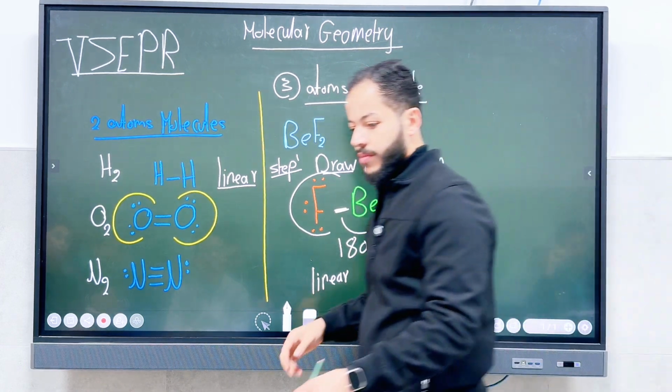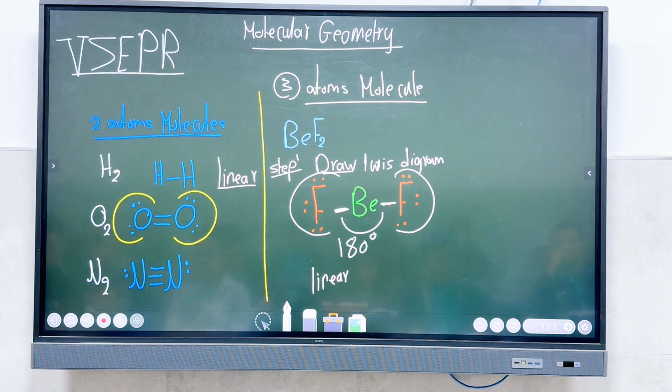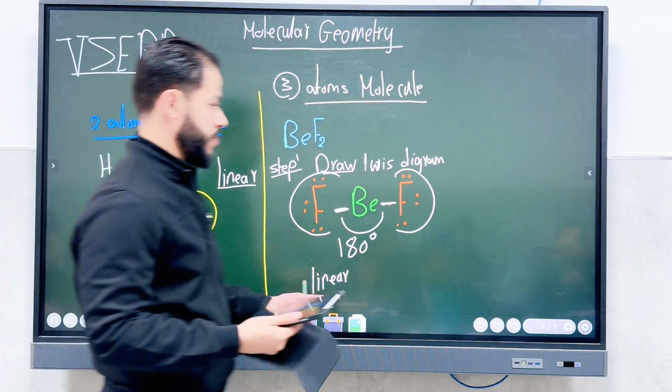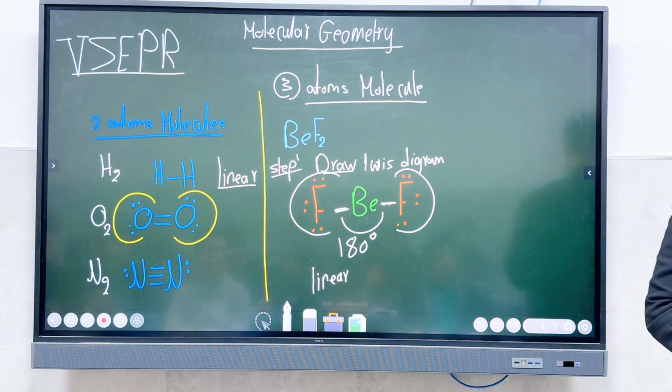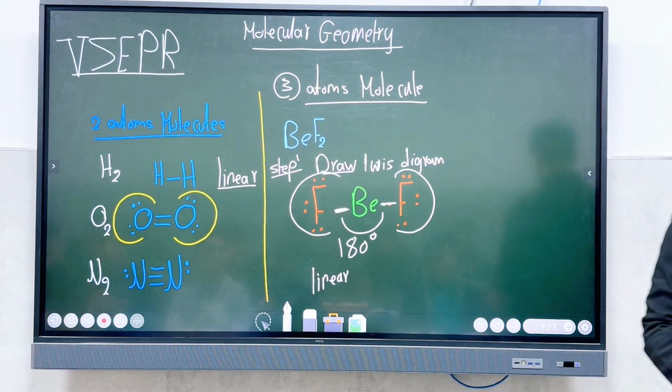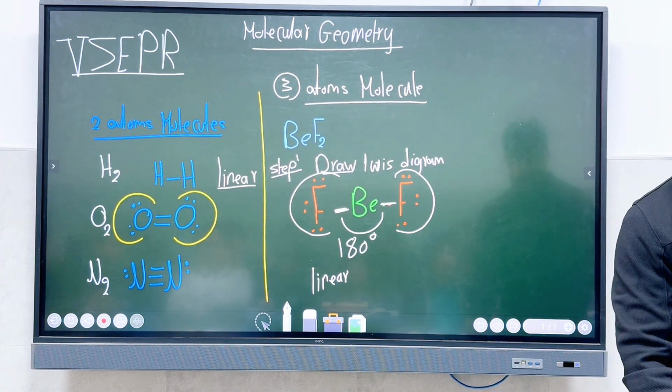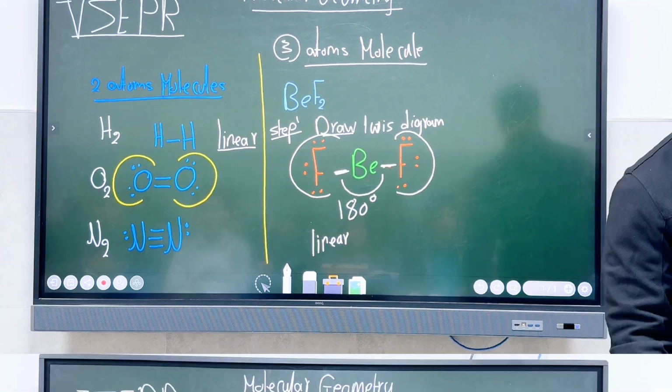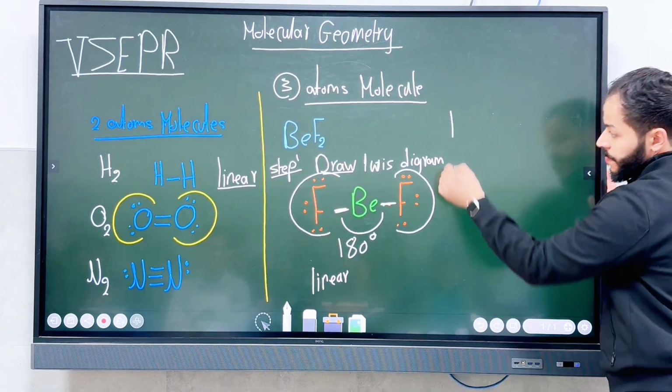Okay? Now, what is actually our second case? Yes? B only has 4 electrons. Yeah, it doesn't follow the octet rule.